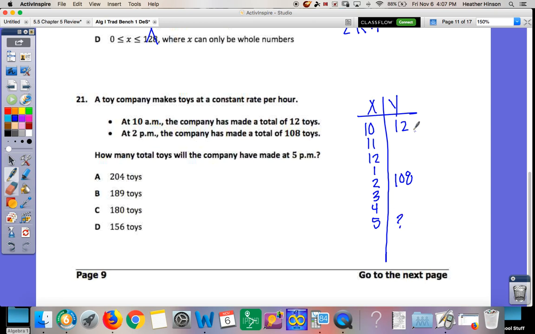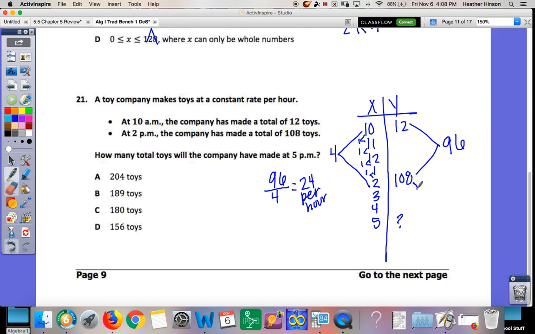So how much is it changing here? 108 minus 12 is 96. But that's not 1 hour. How many hours are here? This is 1 hour, 2 hours, 3 hours, 4 total hours. So you're making 96, but you're making that over 4 hours, which means you're making 24 per hour.